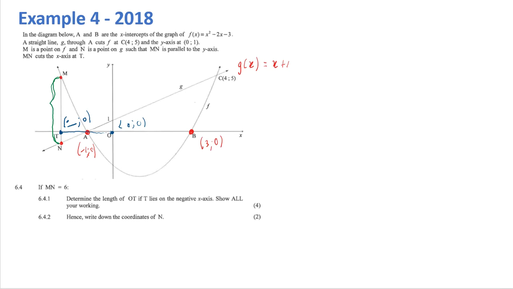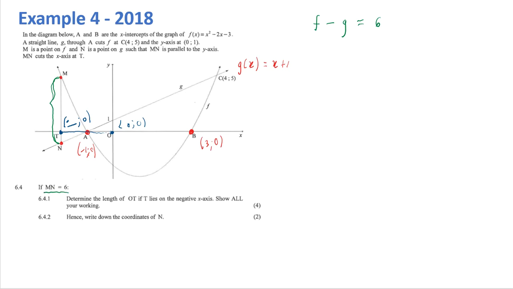Okay, so let's see. We know that M lies on the function f, and N lies on the function g, and that the difference between these two functions is therefore 6, because they give us this value here.